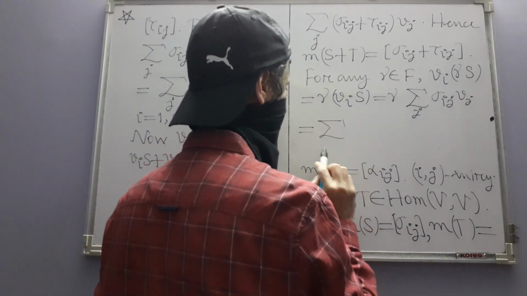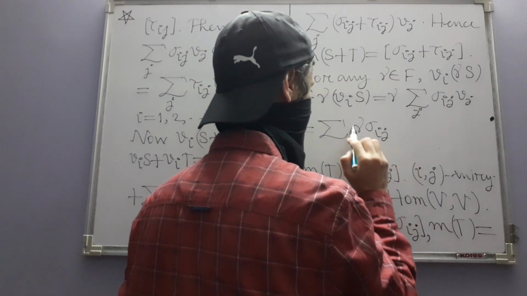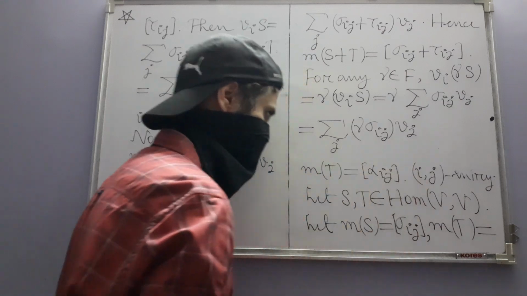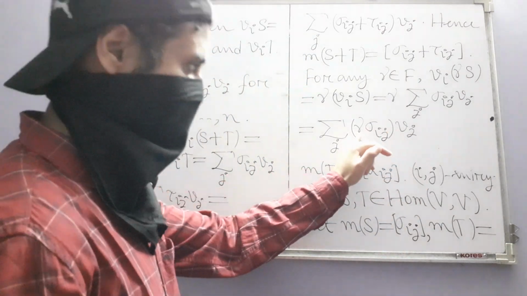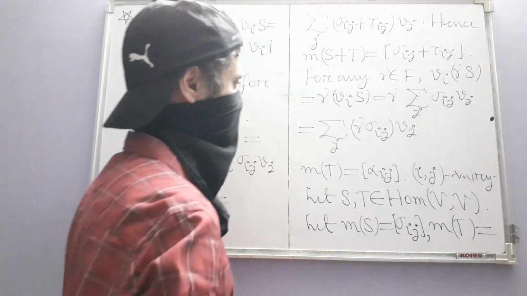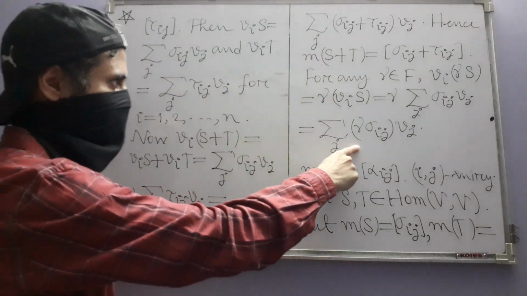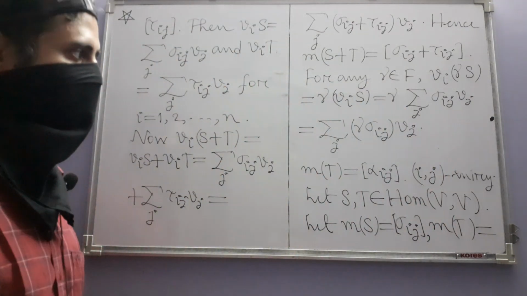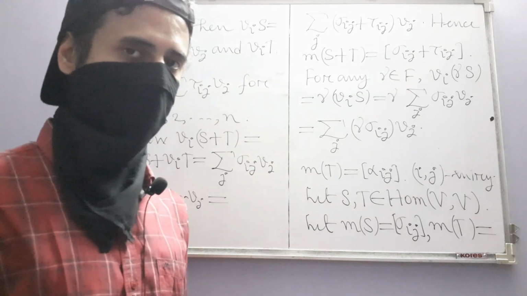So ultimately the sum will look like this. In order to emphasize the fact that here the coefficient, the scalar by which we have multiplied Vj, is this product, that's why I have used brackets. Just like that equation, now we have expressed Vi (gamma S) as a linear combination of the basis vectors. So from this I can write the matrix for gamma S.